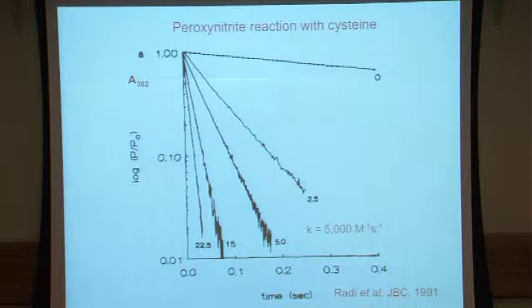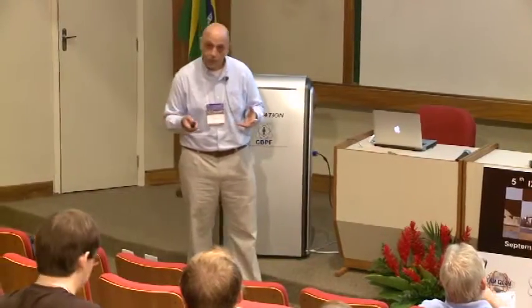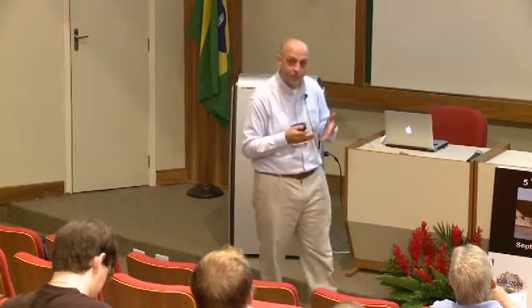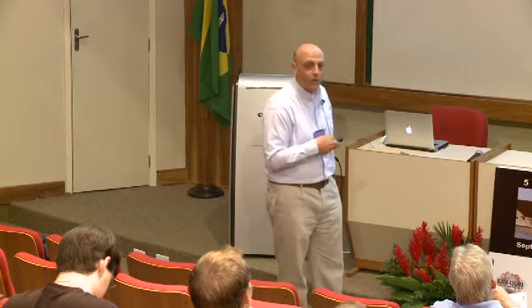We have to use stopped-flow spectrophotometry, which is a fast kinetic technique, because the reaction is over, with 15 millimolar cysteine, within 300 milliseconds, so we cannot use a regular spectrophotometer. We need to use fast mixing, and the reaction rate is much faster.